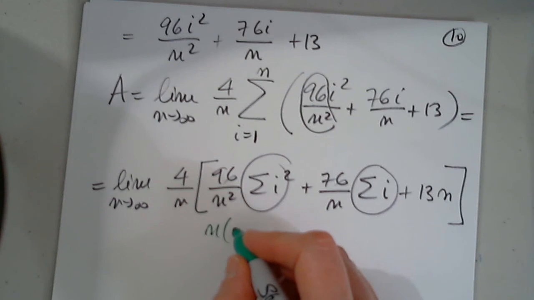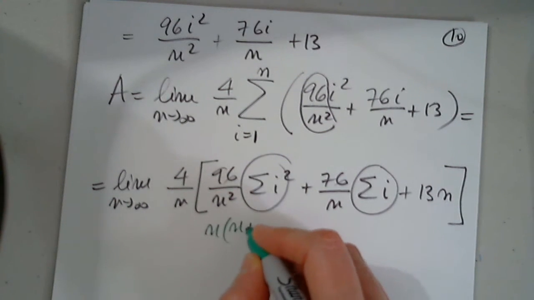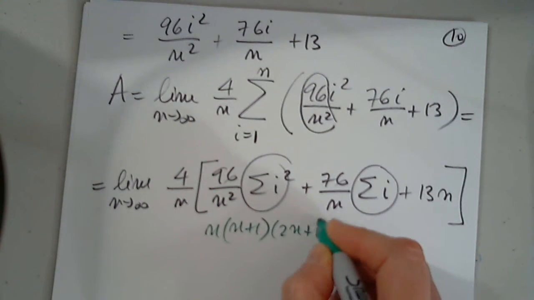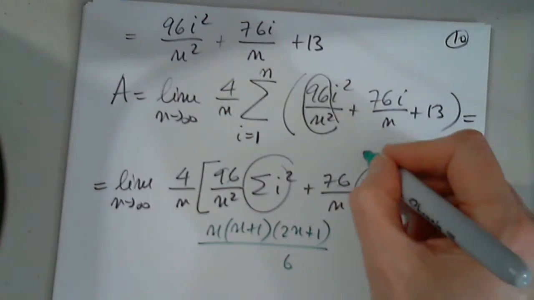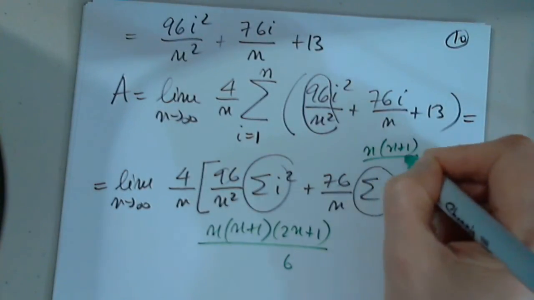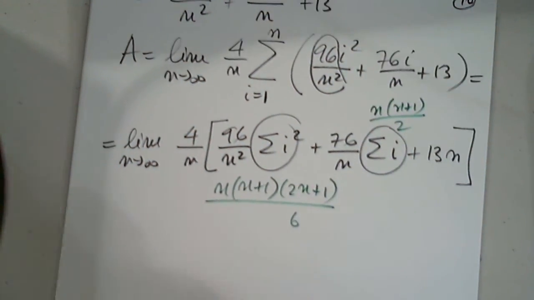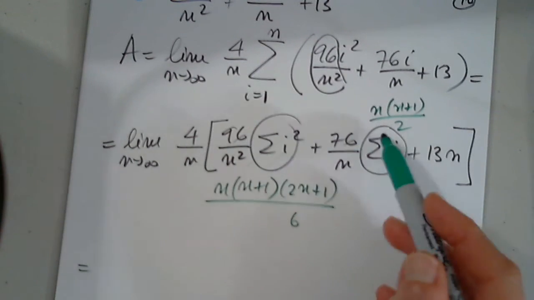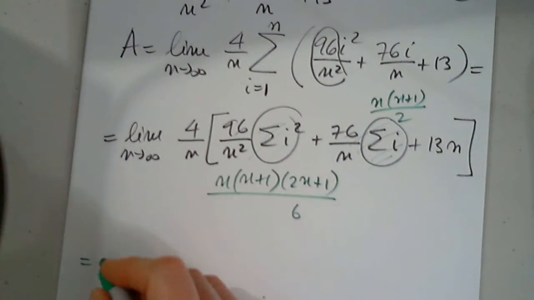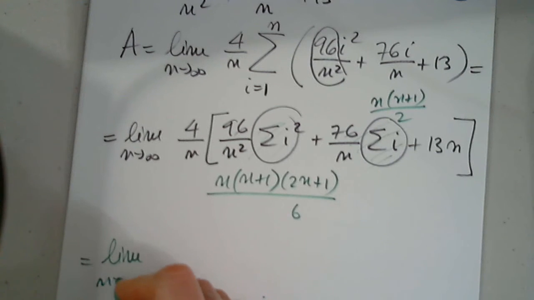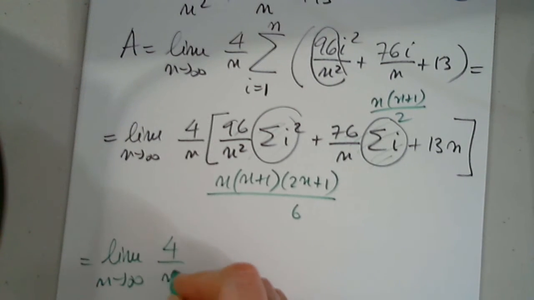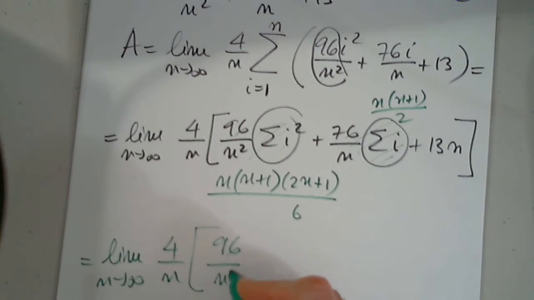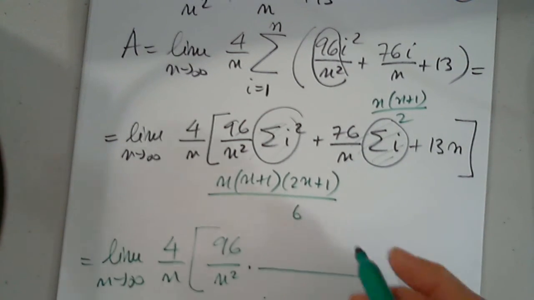I will already multiply, or let me show it first. And this one by n plus 1 over 2. So now these disappear. So limit as n approaches infinity 4 over n, from 96n squared times n.